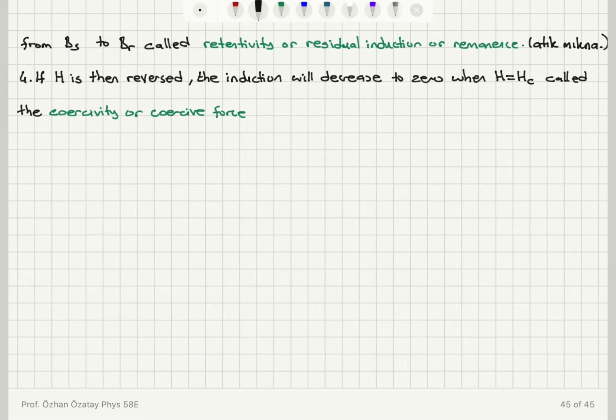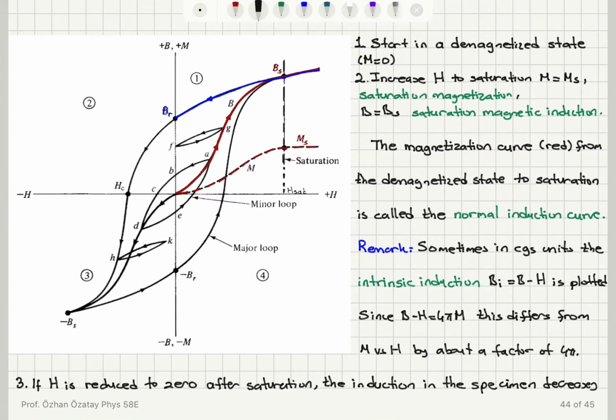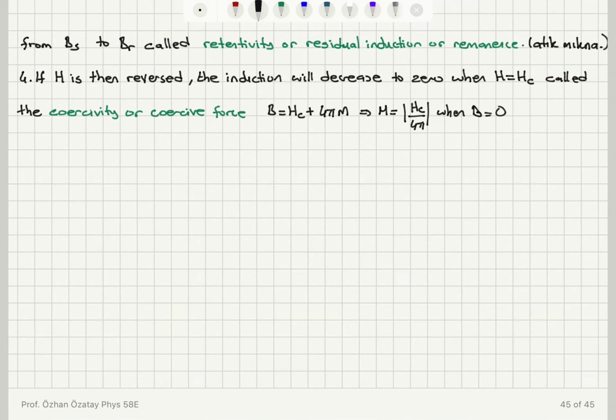So if you assume that we have this constitutive relation between H, M, and B, you would see that M would have to be Hc over 4 pi when B is 0. Once again, this is actually not quite applicable in this range where we have this hysteresis loop. But anyway, the idea is that the magnetic induction and the magnetization are not 0 at the same field.